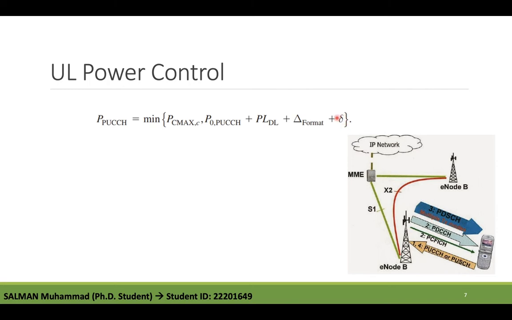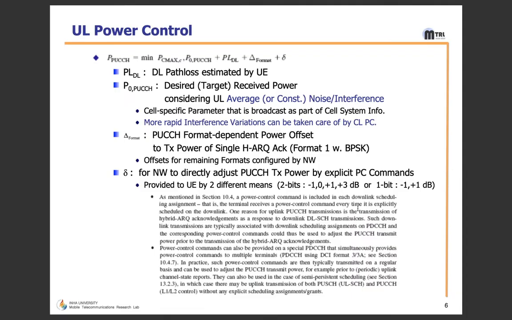It basically allows the network to directly adjust the PUCCH transmit power by explicit power control command, which means each received power control command increases or decreases the term delta by a certain amount. All these details you can read in this one slide.